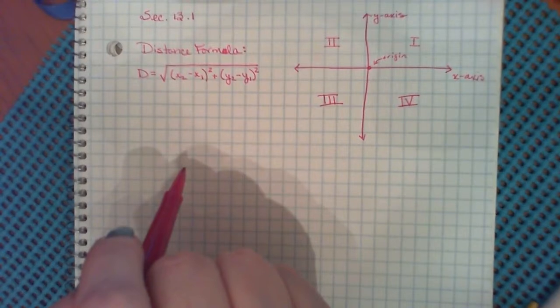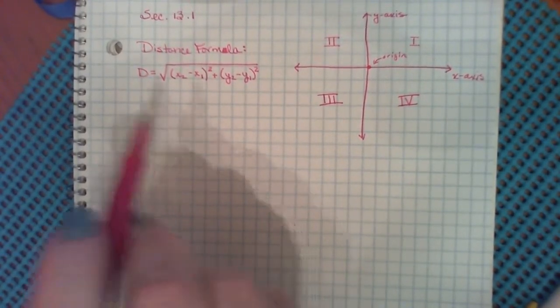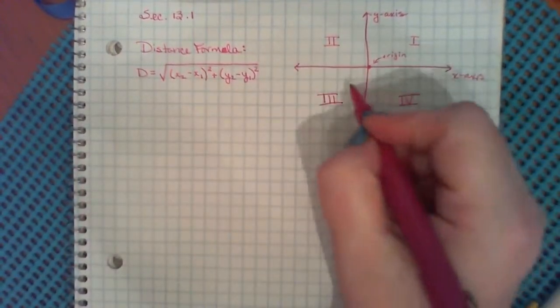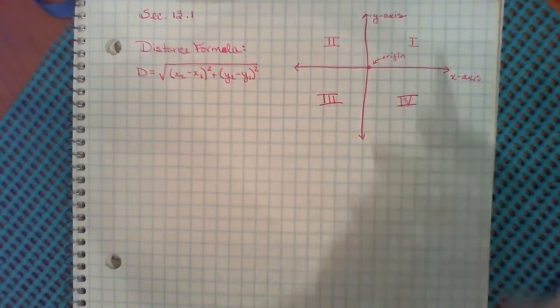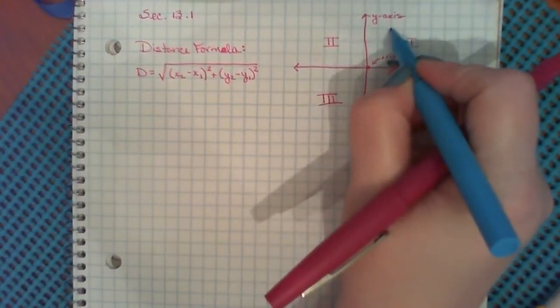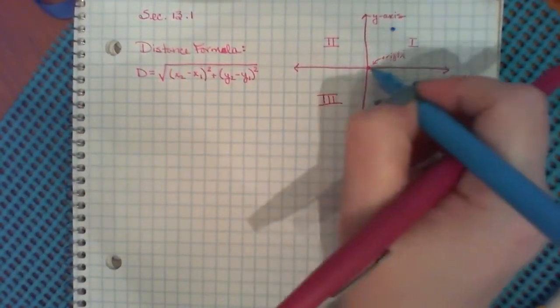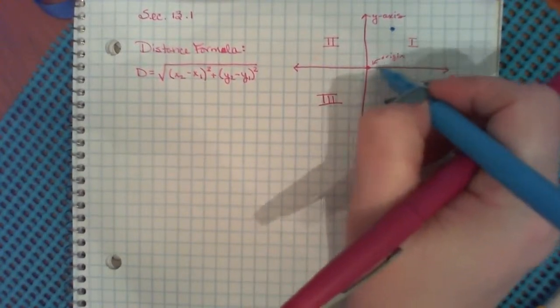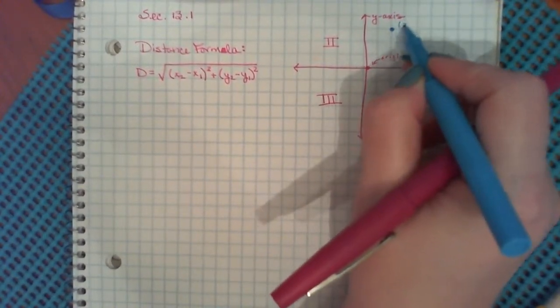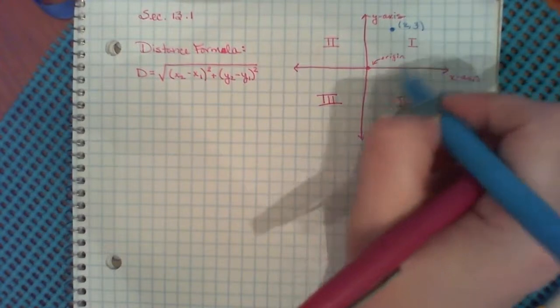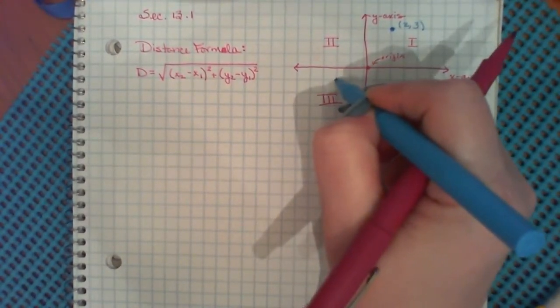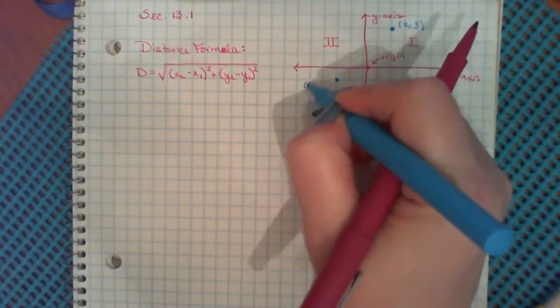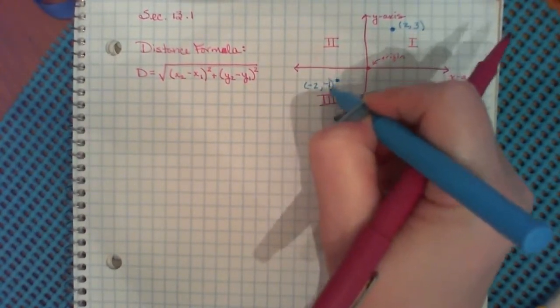They'll start you with the distance formula because they'll want you to find the distance between 2 points. So let's say over here, I have the point 2, 3. And then let's say I have the point -2, -1.